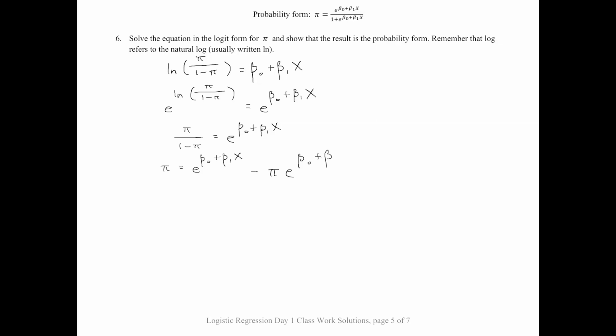So again, you might put one extra step in between these last two that I just did. I multiply both sides by 1 minus pi, and then I immediately distributed the term on the right-hand side through the 1 minus pi parentheses. Now I'm going to add back that term with the pi in it from the right side to the left side. And then I'm going to factor a pi out of the left-hand side.